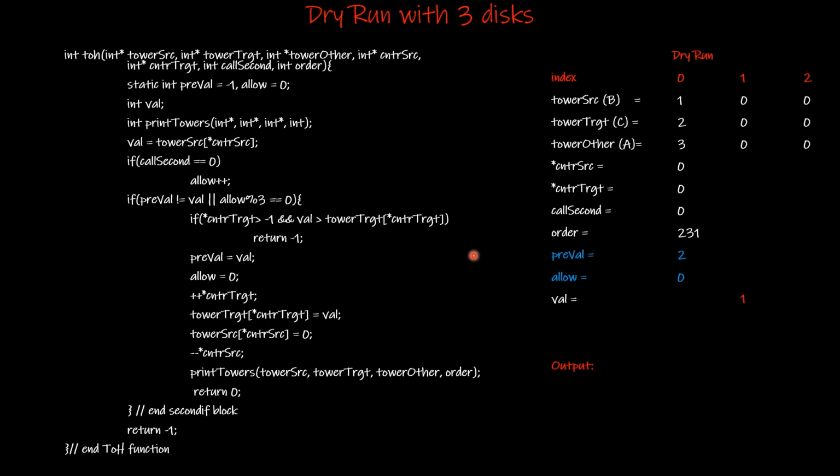Okay. Next, if condition is checked, is the condition true? Yes. Okay, and therefore the allow variable is incremented and that is set to 1. We come here, is the previous val not equal to val? The previous val is 2 and current val is 1, so this condition is true. Therefore we enter into the if block.